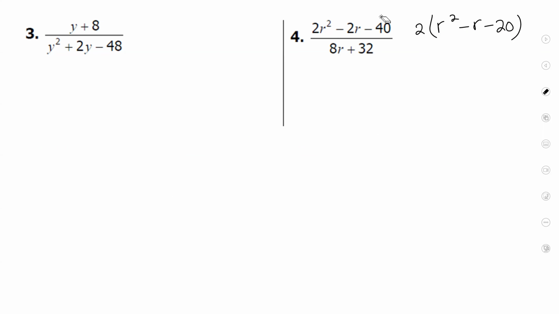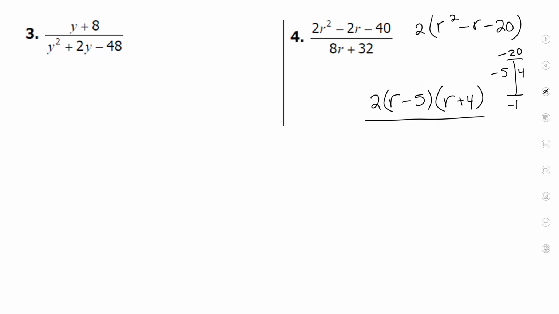I will need 2 numbers that multiply to negative 20, but add to negative 1. 4 and 5. Perfect. Okay, so that's the numerator. The numerator can be written as 2, and then my factors, R minus 5 and R plus 4. That is the numerator factored.